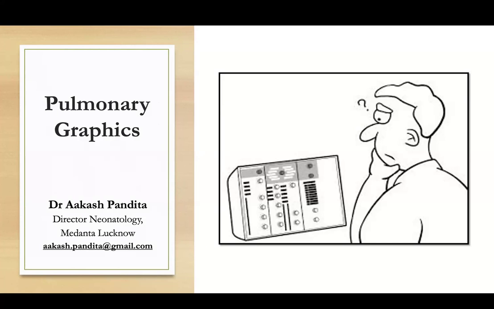We wanted something which can tell us the real-time happenings in the patient's lung, how the compliance is changing, and whether the settings we are putting on the ventilator are appropriate for the baby or not. Sometimes for the same baby, whatever settings we begin with may not be appropriate subsequently, because lung compliance and resistance are dynamic phenomena and keep on changing with the lung disease, whether it is progressing or improving.